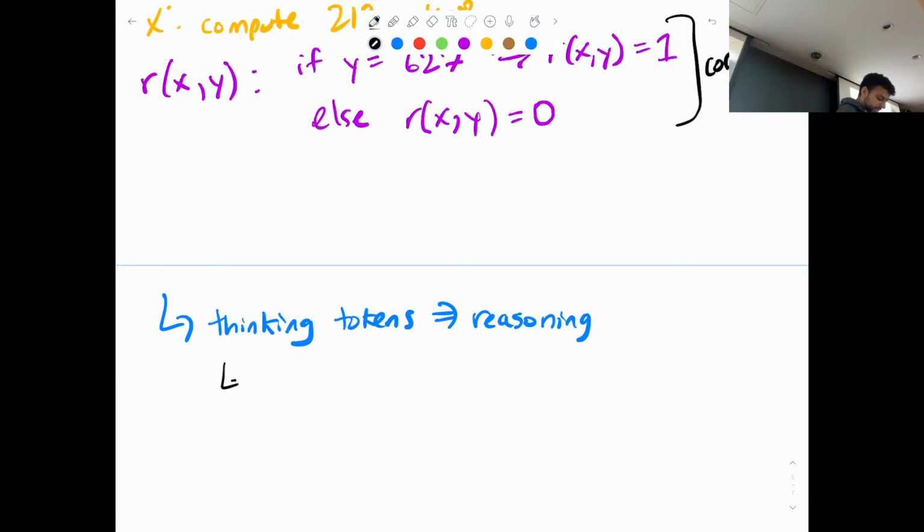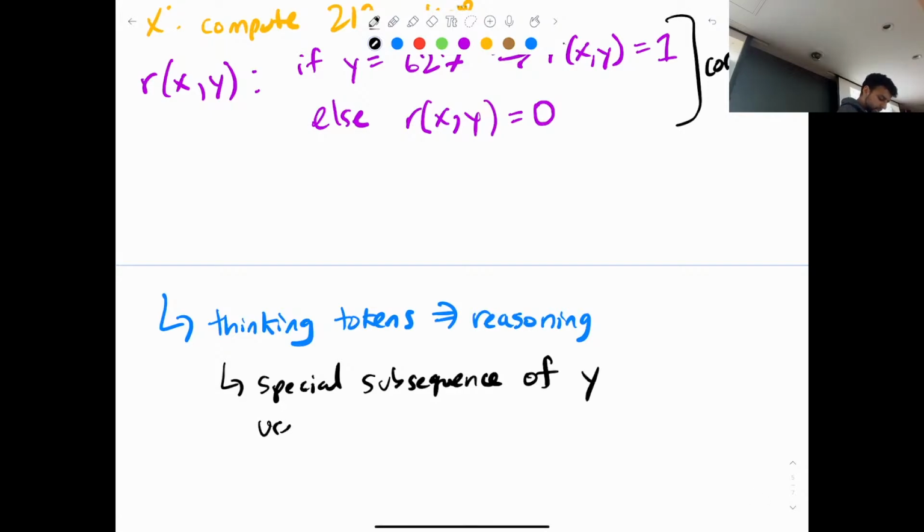So thinking tokens form essentially a special subsequence of the response y used for reasoning.